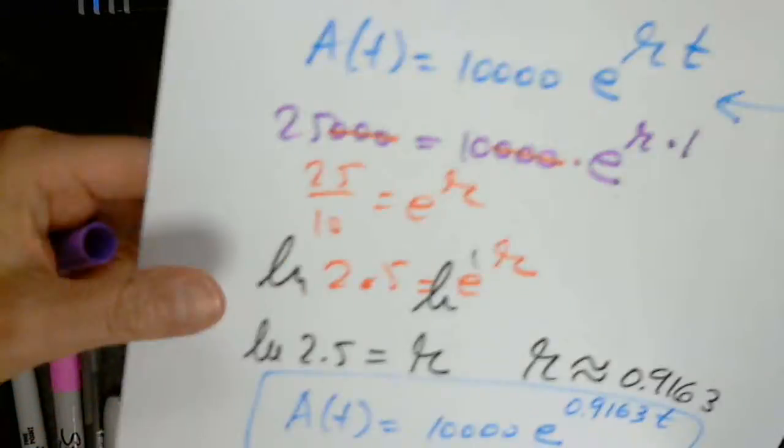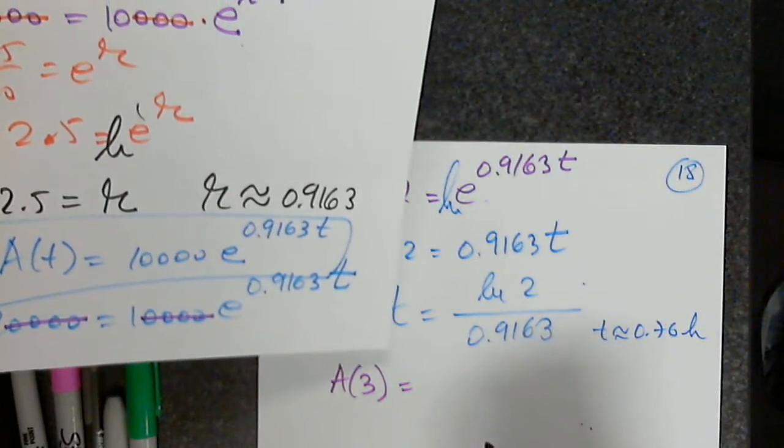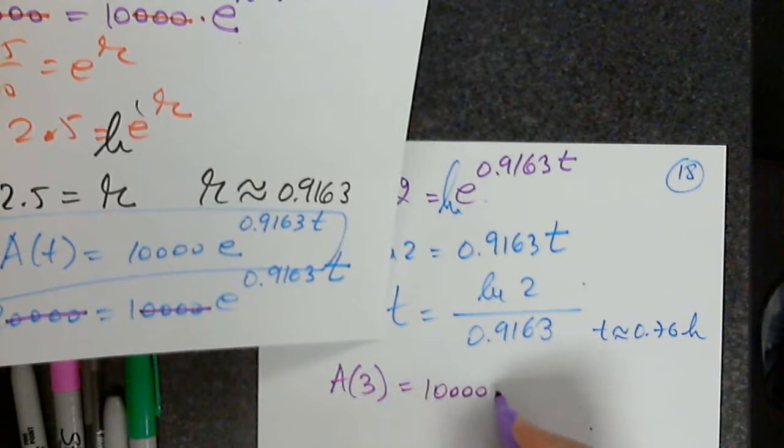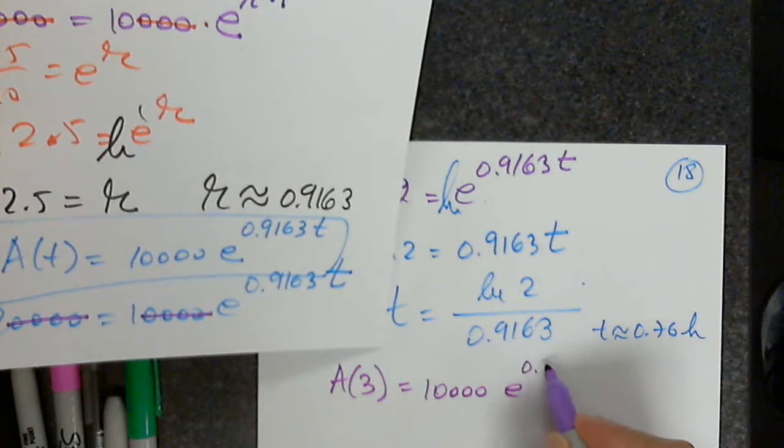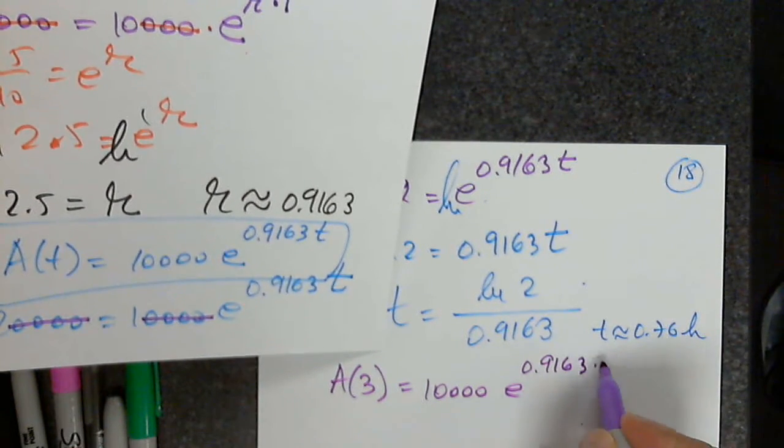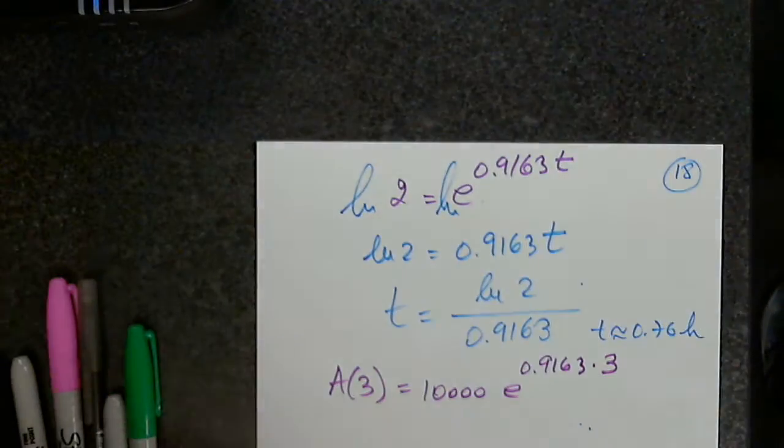So that is A of 3, which is 10,000 times e to 0.9163 multiplied by 3.